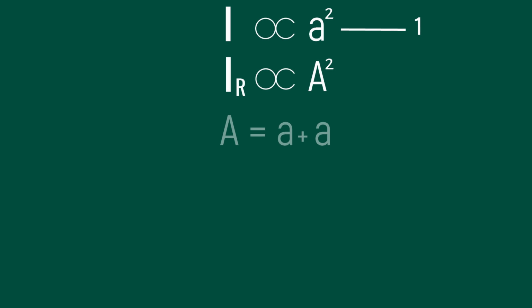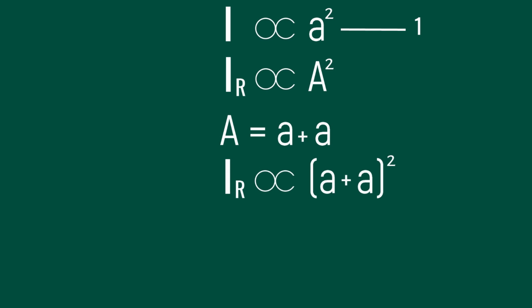I is directly proportional to the square of the amplitude. Let's take this as equation 1. IR is directly proportional to the square of the resultant amplitude, where the resultant amplitude is the sum of the amplitudes of each individual wave, that is, A equals A plus A.